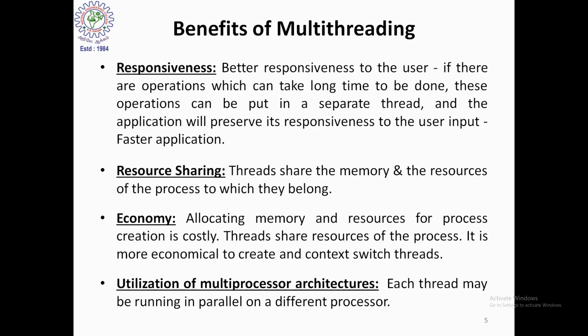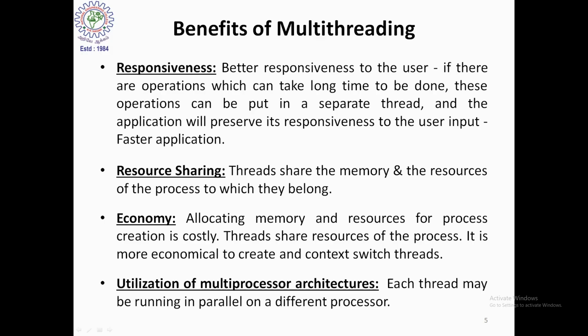So the system will become less responsive in that case. With a multi-threading approach, you can get all these works done with just a single click, right? So high responsiveness is achieved via multi-threading. This is the first advantage of the multi-threading approach.